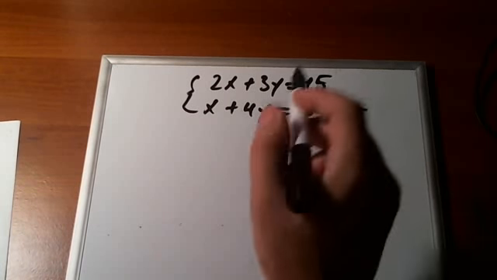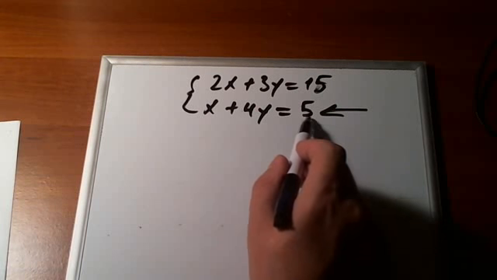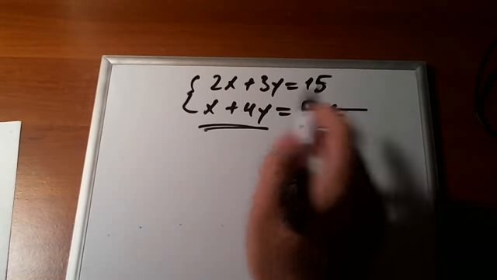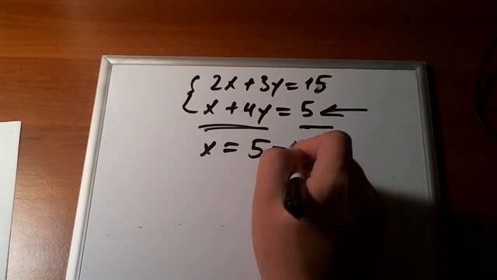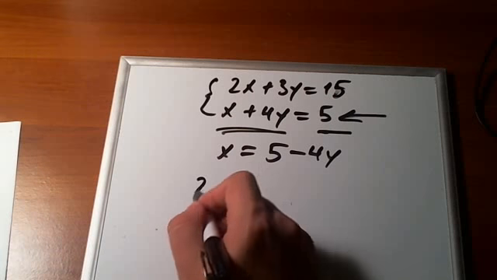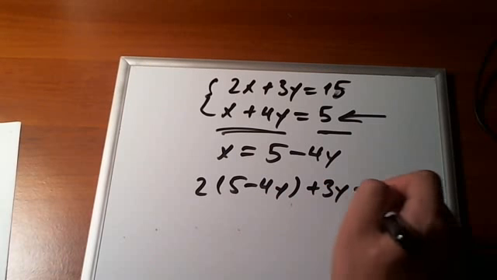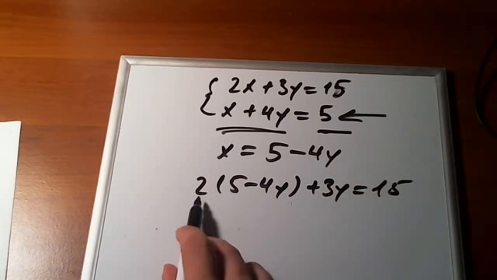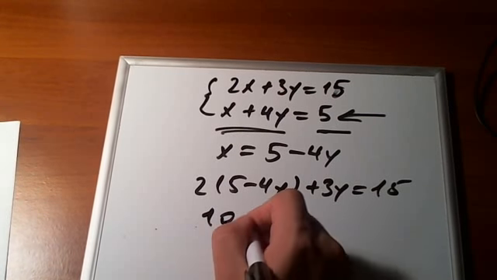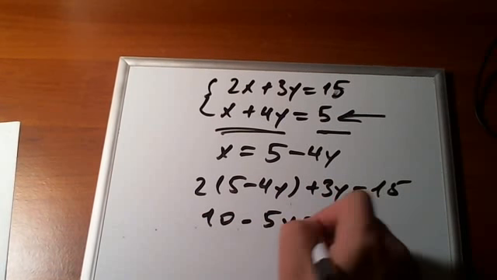We can look at this equation and we can express x in terms of unknown y and 5. We'll have to subtract 4y from this side, and from this side we'll have x is equal to 5 minus 4y, and we'll plug in x to here. So we'll have 2 times 5 minus 4y plus 3y is equal to 15. Okay, we'll have 10 minus 5y is equal to 15.